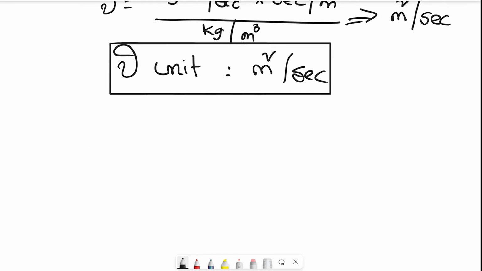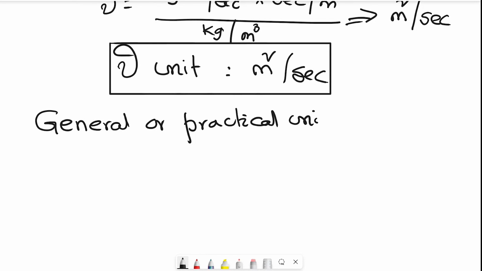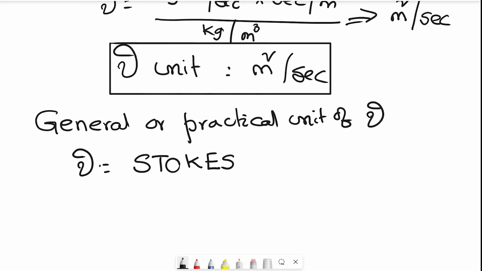Then what is the general, practical unit of nu? The practical unit of nu is Stoke. So nu is expressed in terms of Stoke. Again, Stoke is another scientist related to fluid mechanics. But we cannot use Stoke in a problem.